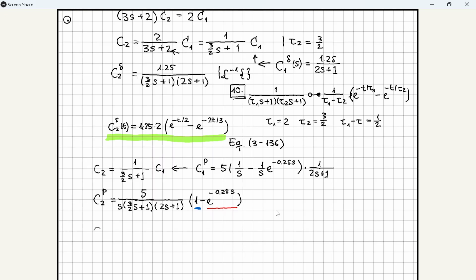So we have C2P. Let's do the first bit. We'll just not call it anything. Let's just write it down. It's 5 divided by S 3/2 S plus 1 times 2S plus 1.